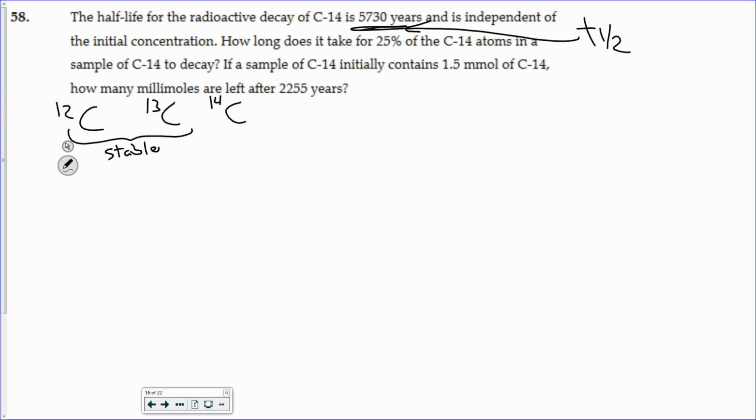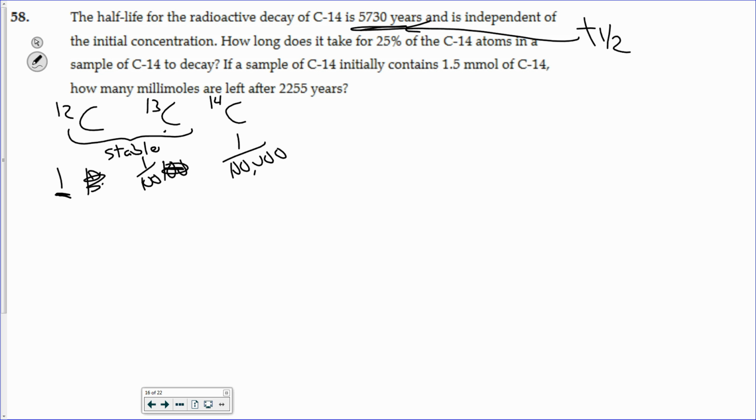But the ratios of these, the most abundant is the C12, about 1 in 100 to about 1 in 100,000. So by far, you've got 99 of these for every one of these guys, and then just very, very rarely you have one of these C14s.